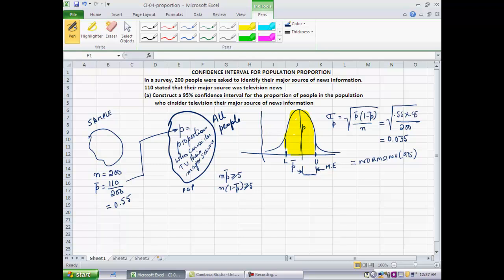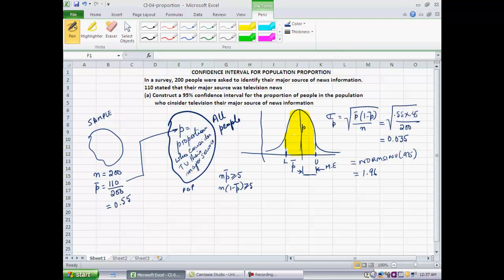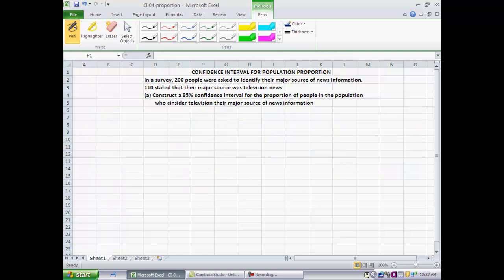That's why I have input 0.975, which turns out to be 1.96. If you plug it into that built-in function, you will find 1.96. So our interpretation is that if I want to be 95% sure, my margin of error has to be 1.96 standard deviations large.